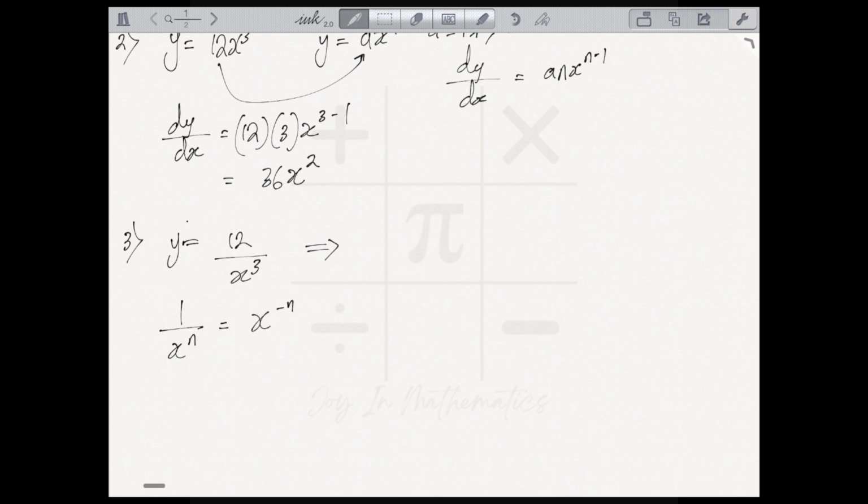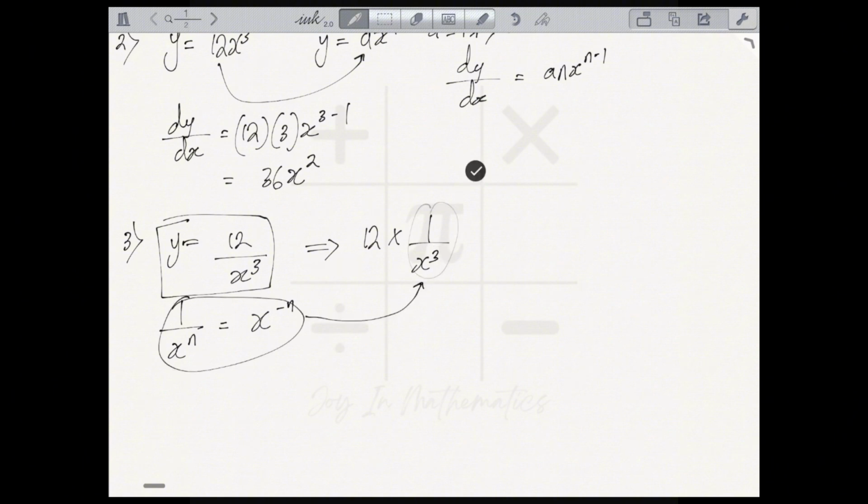Now y equals 12 over x raised to power 3 can be written as 12 multiplied by 1 over x raised to power 3. If we apply this principle to the conversion of 1 over x raised to power 3, we have 12 multiplied by x raised to power minus 3. And this will give us 12x raised to power minus 3.